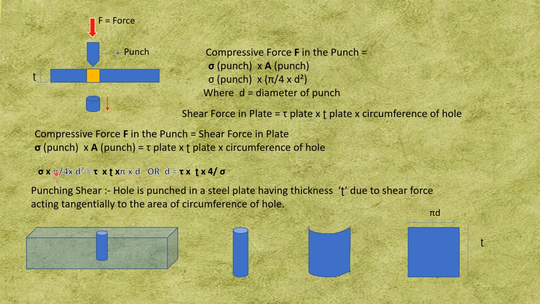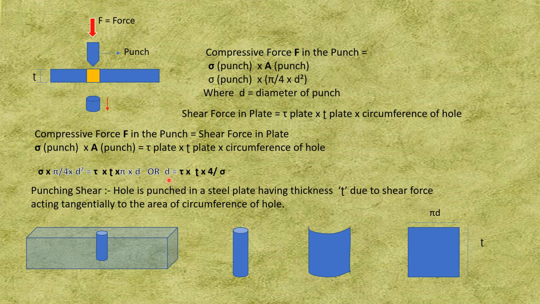Here pi and one d get cancelled, and 4 when I take it on this side becomes into 4, and sigma becomes divided by sigma. So the formula becomes diameter d is equal to tau of the plate into thickness of the plate into 4 divided by sigma of the punch, the compressive stress of the punch, that will give me the diameter.